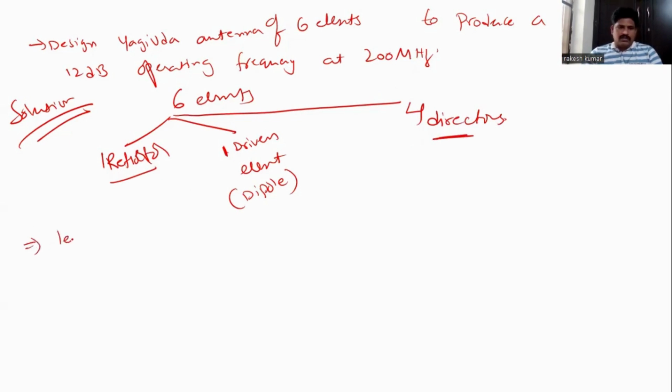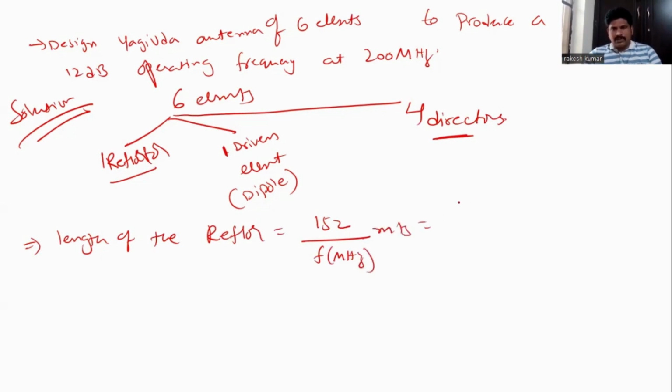Let us calculate the length of the reflector. What is the formula for the length of the reflector? It is 152 by F in megahertz, in meters. So it is 152 by 200, that is equal to 0.76 meters.